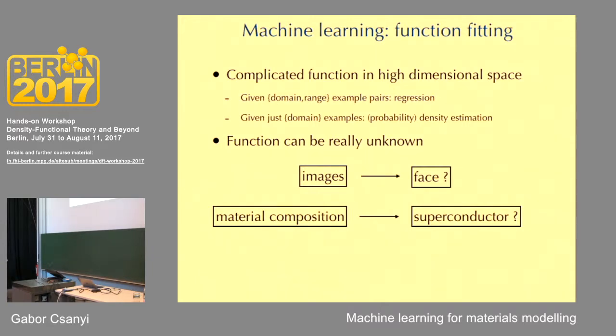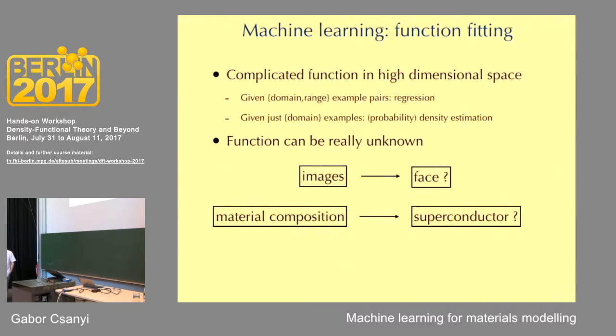But this function, which is 1 if it's a face and 0 if it isn't, on the space of images, which is a high-dimensional space. If you take 1,000 pixels by 1,000 pixels, that's a million-dimensional space. No one has an algorithm to compute that function exactly, right? So that's an example of machine learning, learning from examples. I can give you a lot of examples of faces, and you're trying to construct a function where there was no function explicitly before.